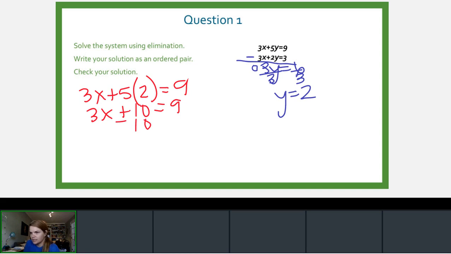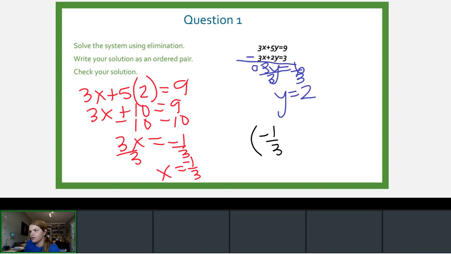I'm going to subtract 10 from both sides. 3x equals -1. Divide by 3, divide by 3. So x is -1/3. When I write this as a solution, my ordered pair is -1/3, 2.